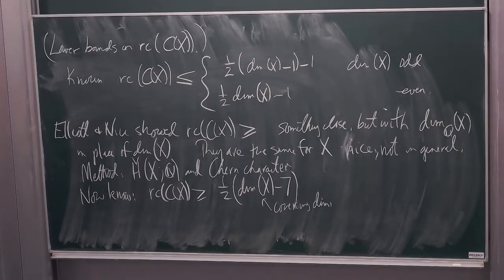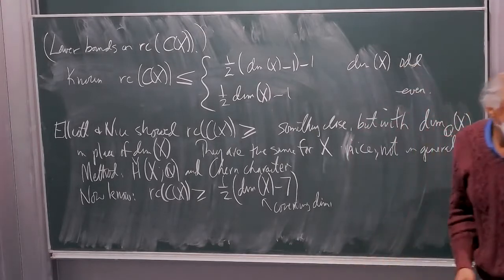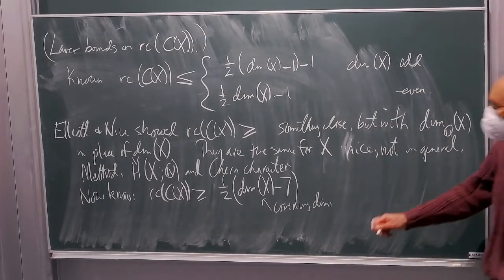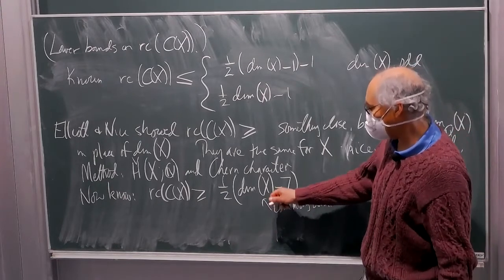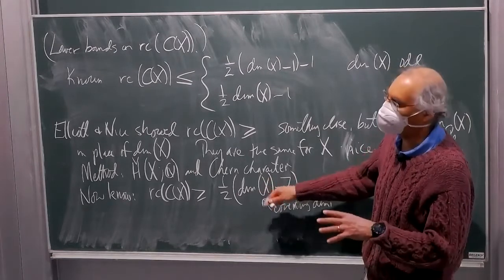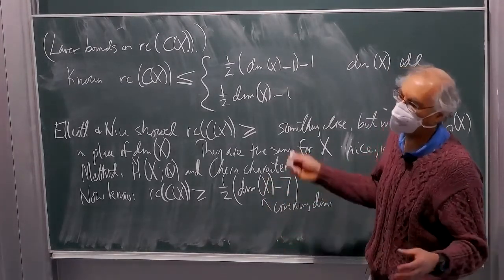And this is something that I did in July in Münster. And it's not yet on the archive, but I still want to actually improve things. I mean, the minus 7, you can do somewhat better depending on whether the dimension is even or odd, and whether the dimension or dimension minus 1 is divisible by 4 or not.